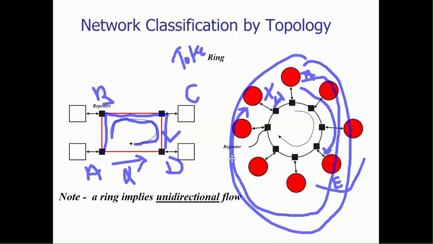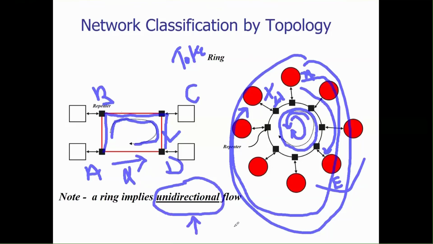To solve this, we can have two rings. Some people might have two rings, ring 1 and ring 2, one to go this way and one to go the other way. That's what we call a bidirectional ring. Typically a ring is unidirectional, but you might fix it by allowing two rings to be on top of each other. Hence, we refer to it as a bidirectional ring.